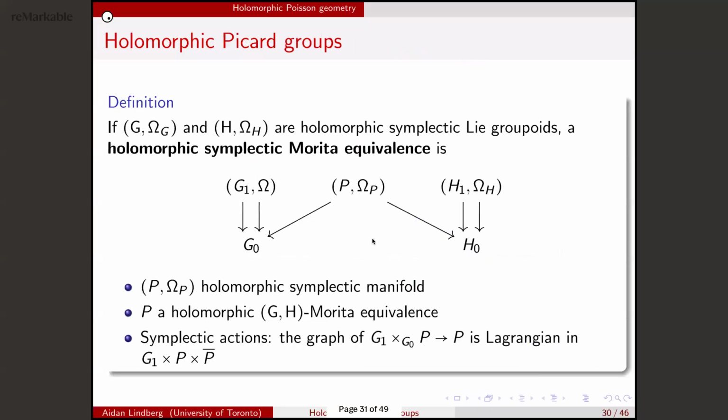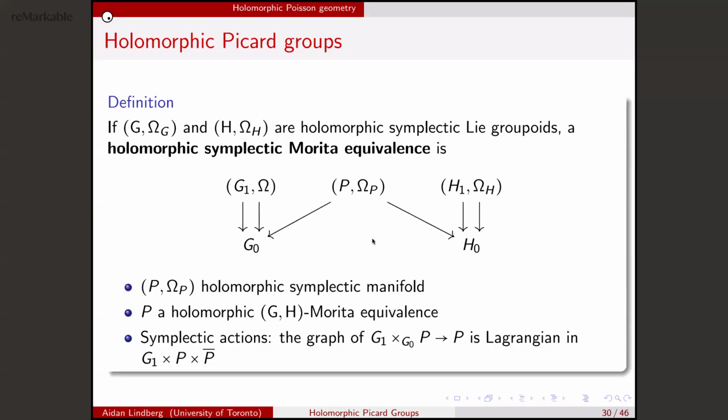Okay, so now what I'm going to do is if I have 2 holomorphic symplectic Lie groupoids, which I can think of as integrating holomorphic Poisson manifolds, I need to upgrade this notion of Morita equivalence to account for this extra data. So a holomorphic symplectic Morita equivalence now is going to be a diagram like this, where P now isn't just a smooth manifold, it's a holomorphic symplectic manifold, which is a holomorphic Morita equivalence between G and H, if you just forget about the symplectic structures for a second, which just means all structure maps are holomorphic.